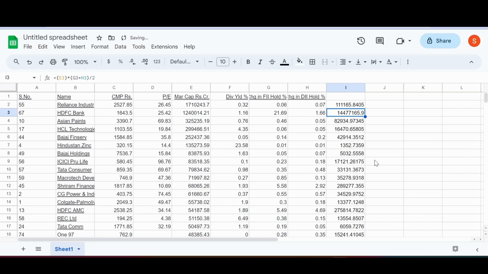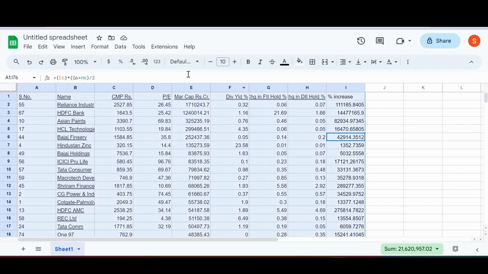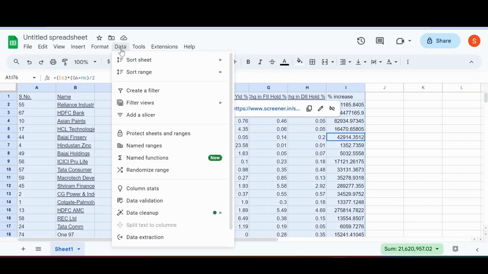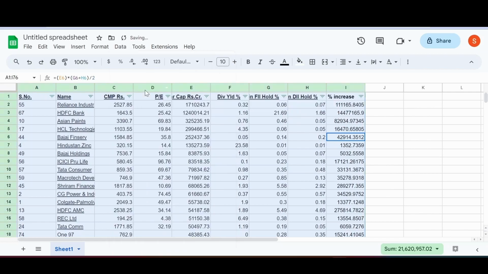Click OK. Now let's put a name here: percentage increase. Then select the last column, the I column, press Ctrl A, go to Data and create a filter.